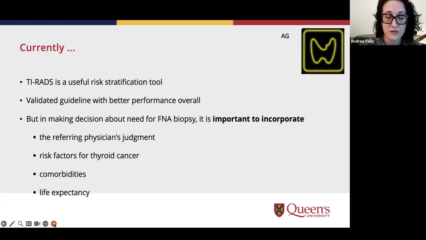But we need to be very careful that it's not the only recommendation that we're going to give on the ultrasound report. Of course, you as a general or family physician need to establish comorbidities, life expectancy, and other factors that may be considered before sending your patient for thyroid biopsy.